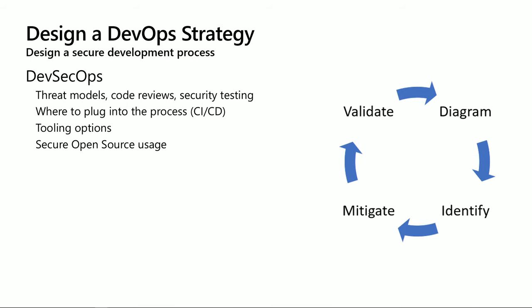We want you to identify that and then diagram it out. Once you've identified it and diagrammed where in the pipeline or the code this exists, then you can figure out how to mitigate it. For example, if you know usernames and passwords are needed, then use Key Vault. If you know you're working with open source software, then use one of the third-party tools that can scan for security vulnerabilities.